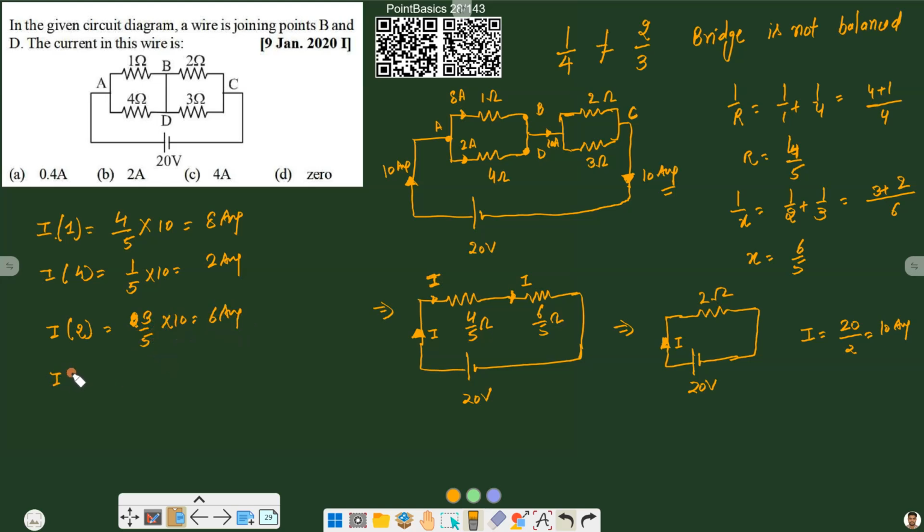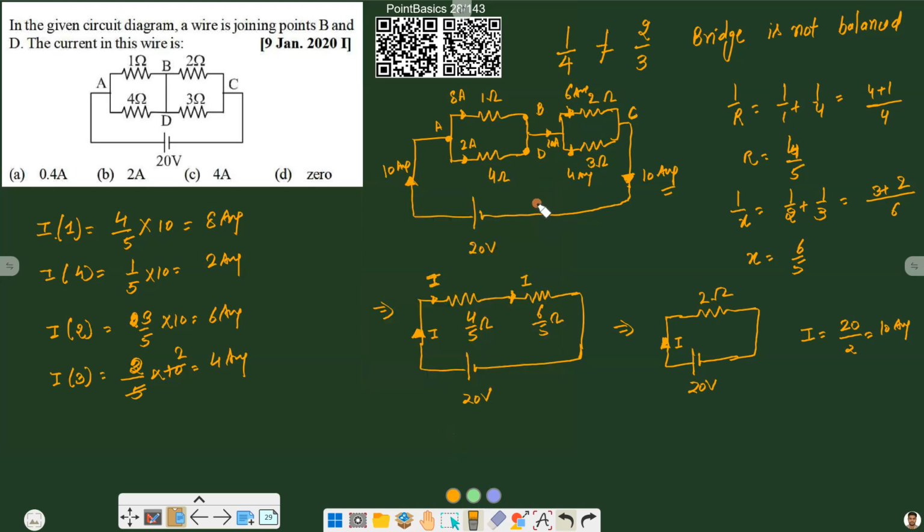And similarly I of 3 will be 3 by, no sorry, 2 by 5 into 10, so 4 ampere. So through this 2 ohm resistance we will have 6 ampere current, and through this 3 ohm resistance we will have 4 ampere current. So now we have solved the values of current.